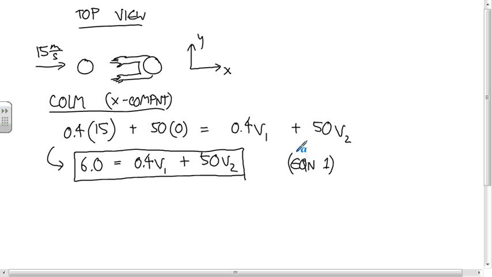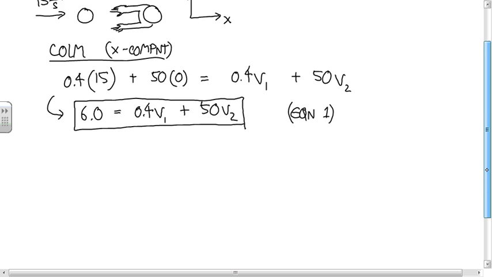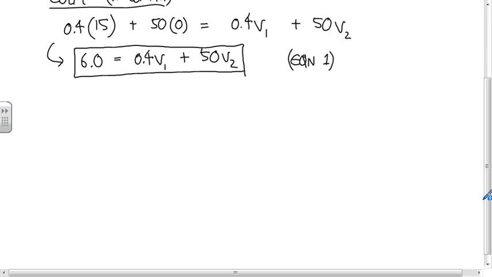And now we have to get the second equation. The second equation comes from conservation of kinetic energy. So before the collision, we have 1/2 times the mass of the ball times the speed squared.